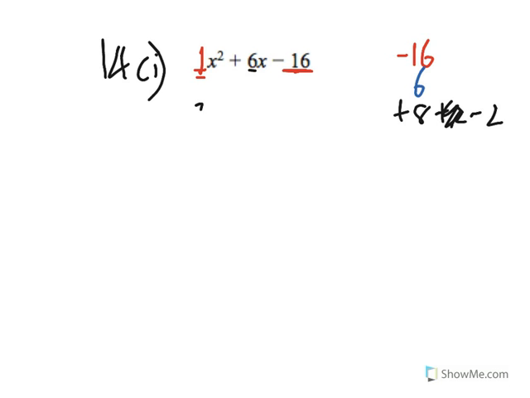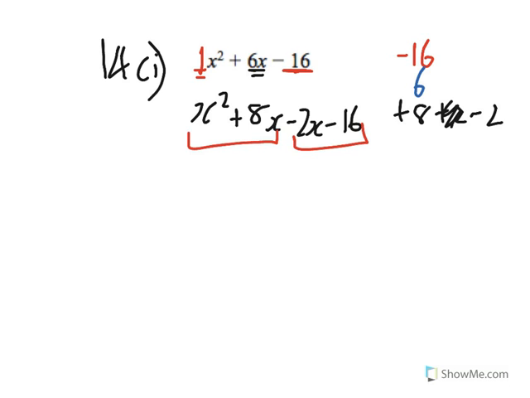So x squared, you split this middle part into plus 8x minus 2x minus 16. Now, like how we've done it before, factorize each side separately. On the left side, the common factor is x, so you take x out: x plus 8.